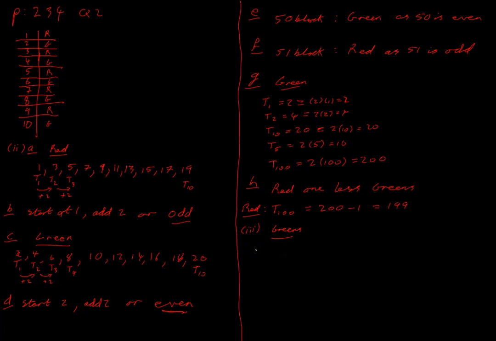If I had T1 in my greens list, I figured out that was 2 by 1, which was 2. If I had T5, I checked that and it was 2 by 5 was 10, and that worked out. And if I had T100, that was 2 by 100, and that worked out to 200.